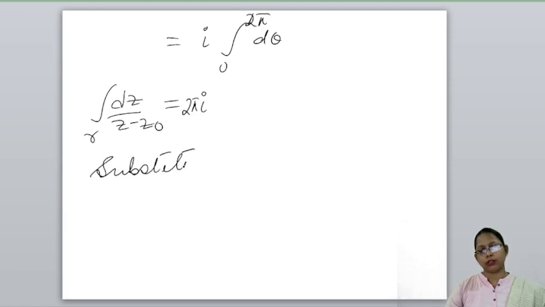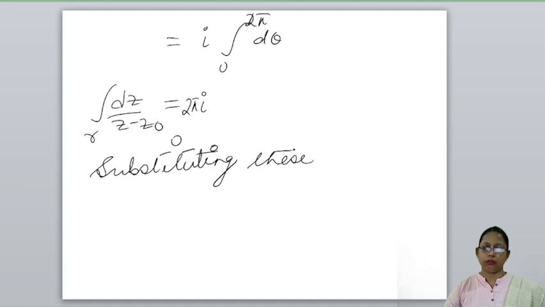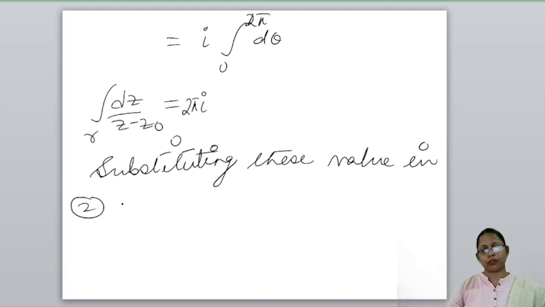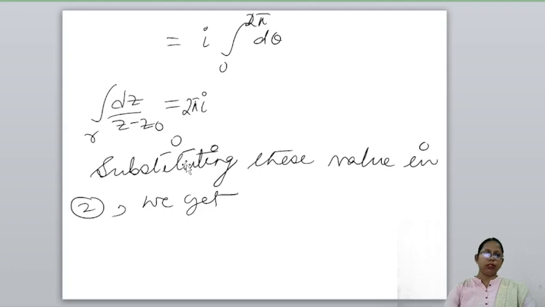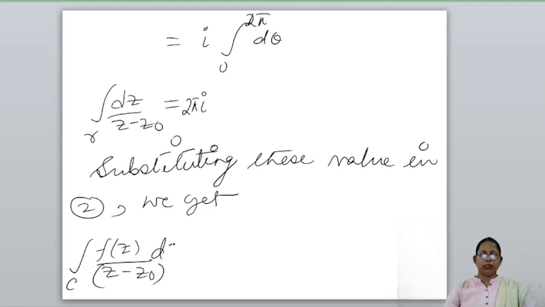Substituting this value in 2, we get the integral over C of f(z) dz by (z minus z naught), equal to the integral over gamma of f(z) by (z minus z naught) dz minus 2 pi i f(z naught).